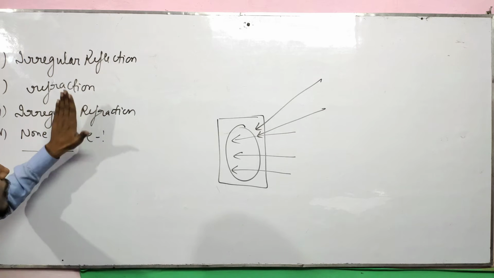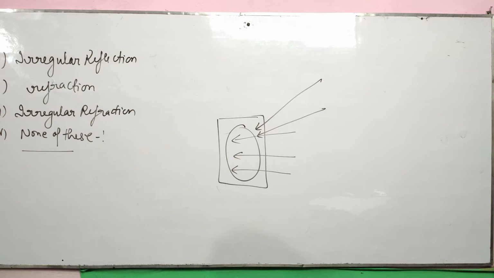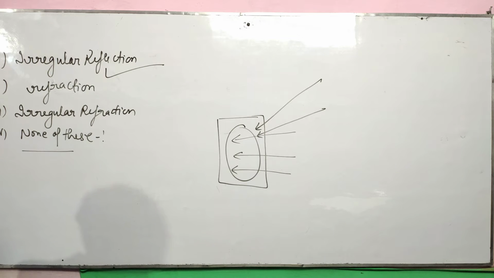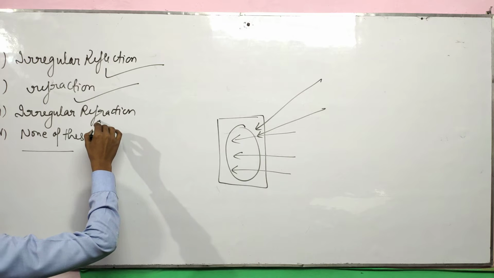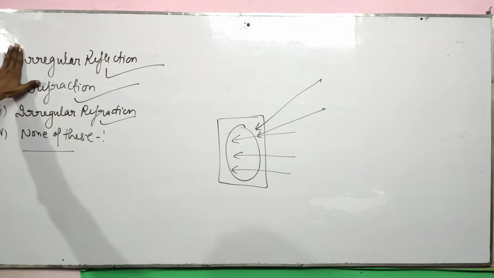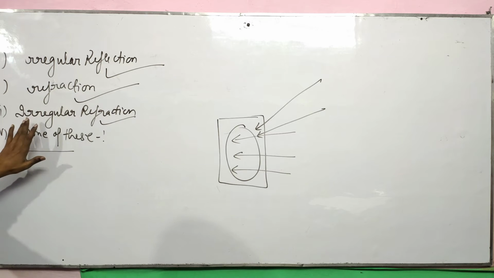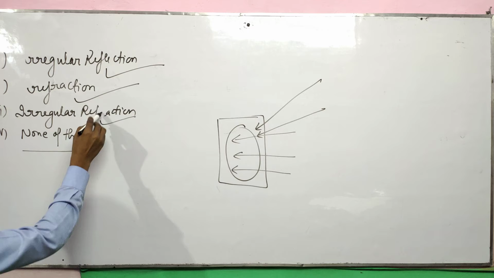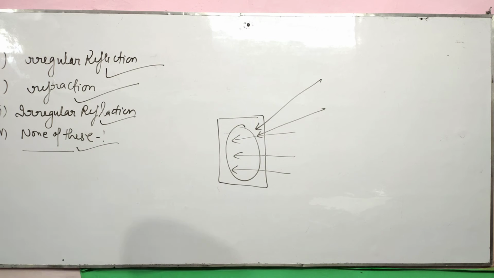There are 4 options, and any one is right. First option is regular reflection, second refraction, third irregular reflection, and fourth none of these.